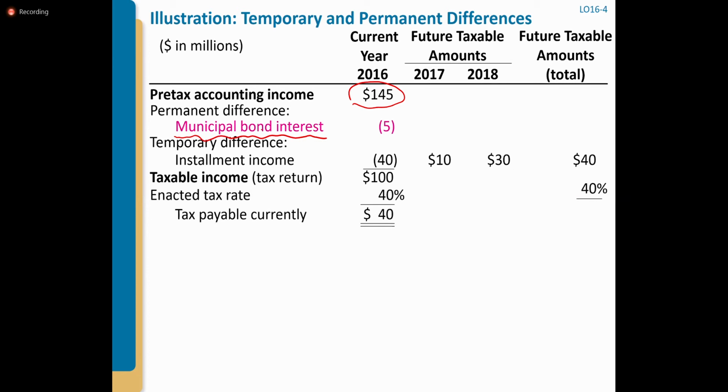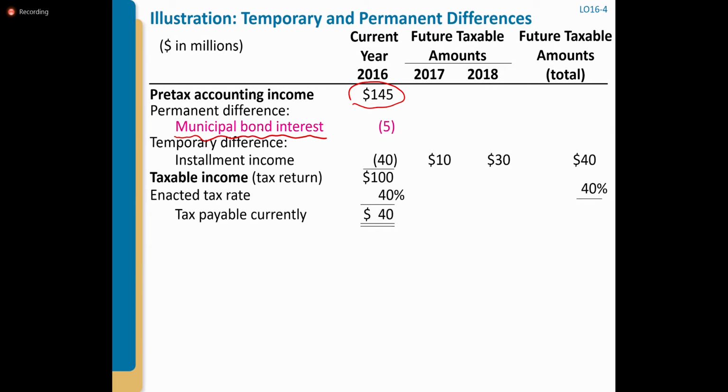So then let's say we, as a company, invest in those bonds. For us, this is our long-term investment, and we're going to periodically receive the interest. When we receive interest, we call that interest revenue. In accounting, we recognize that interest revenue as one of the revenues, so that increases our pre-tax accounting income.